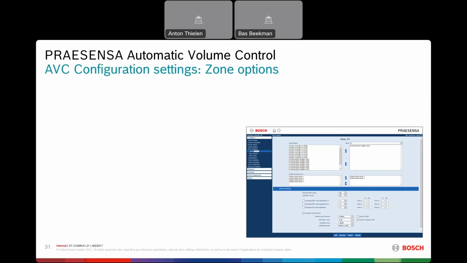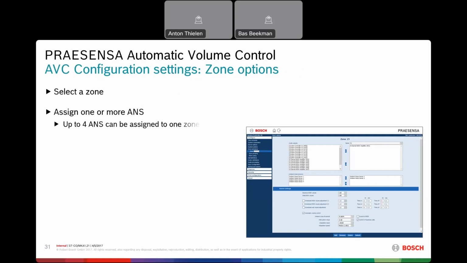The configuration settings of the AVC, of the automatic volume control, is at the zone. So when you go to the zone options, there you have the settings of the zones. I will later on show it in a real system, so then maybe you can see it a little bit better.